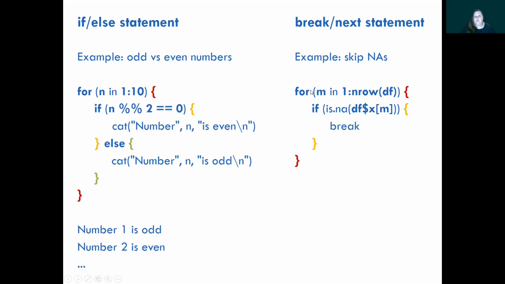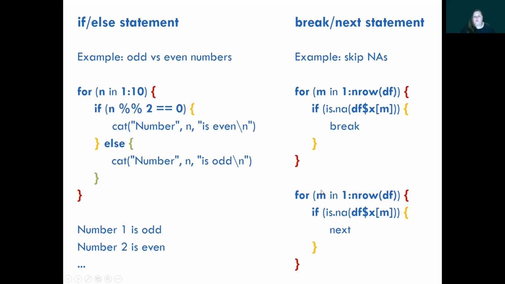So we start here with a for loop that runs for the running index m, that runs from 1 until the last row of your data frame. And then every time it's checking if the element at the position m within the column x here is an NA or not. So if this is an NA, then the loop will break. In other words, the loop will stop entirely.